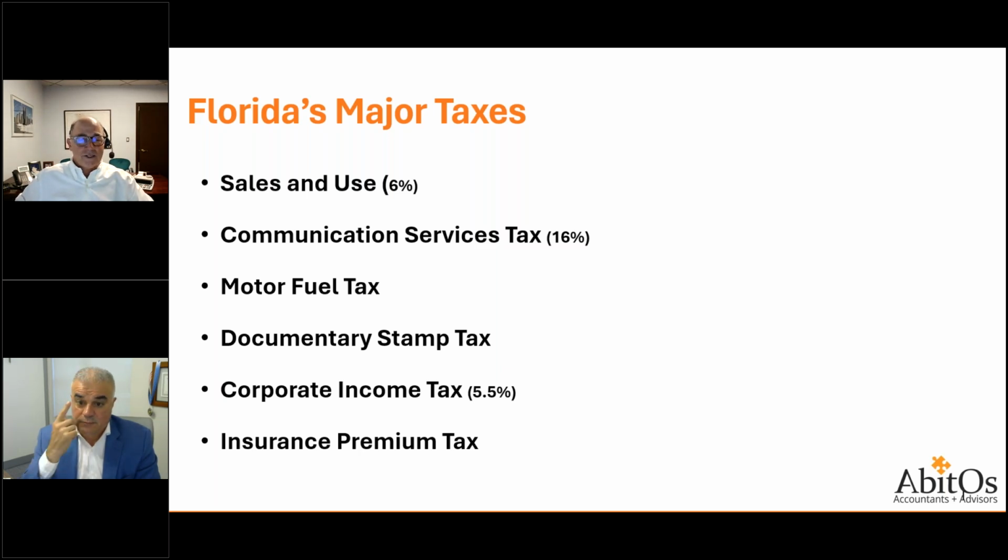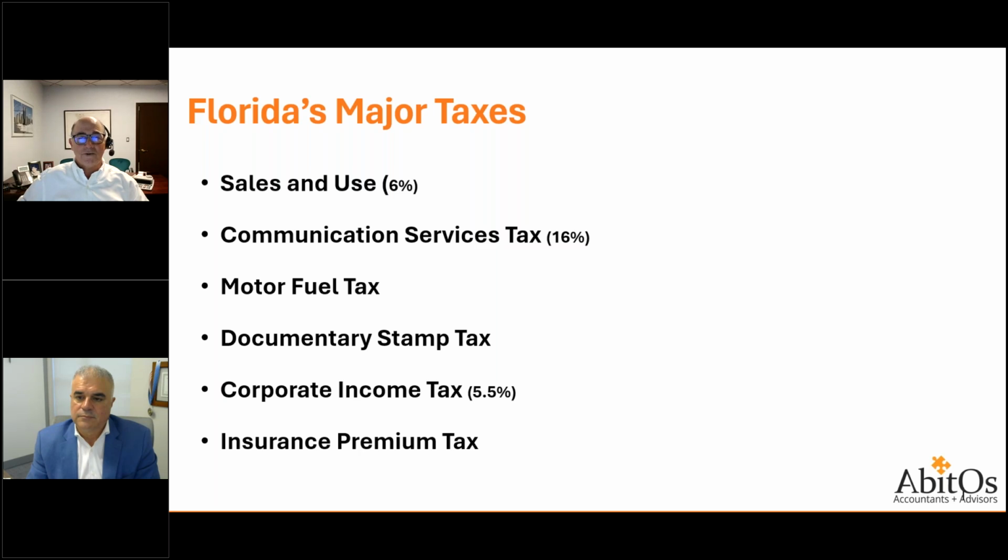We have a communication services tax. This is the least known and most burdensome. It can be as high as 16% in different counties in Florida. Data circuits, mobile phone communications, land phone communication, business telephones, video streaming such as Netflix, Amazon Prime, television such as DirecTV or Xfinity.